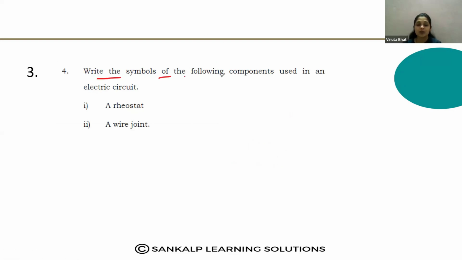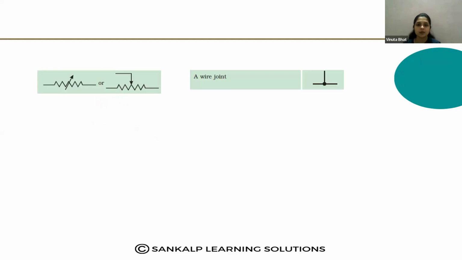Write the symbols of the following components used in an electric circuit. Again, a rheostat and a wire joint. Please note down this question. Rheostat and the wire joint for 1 mark. Each carries half marks. A rheostat is represented like this. Rheostat is represented here.